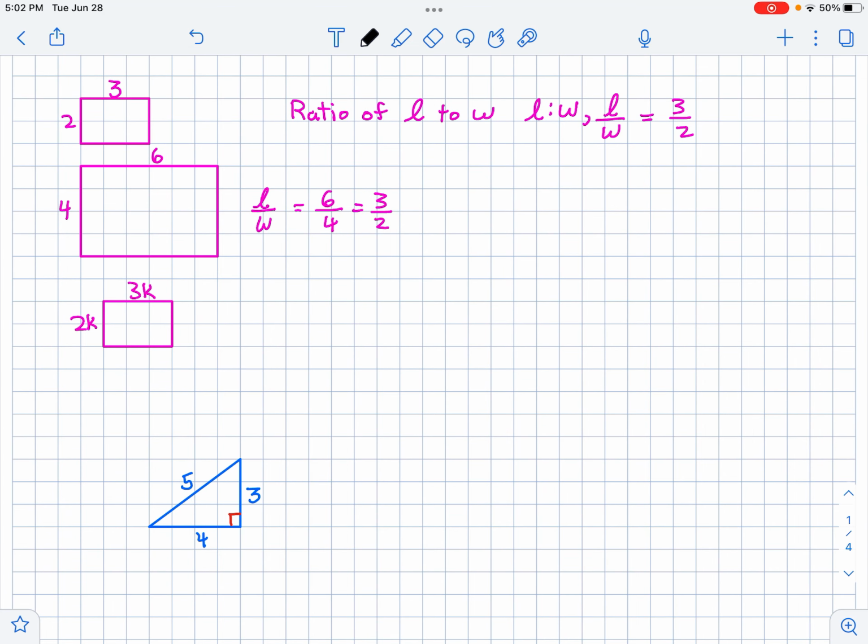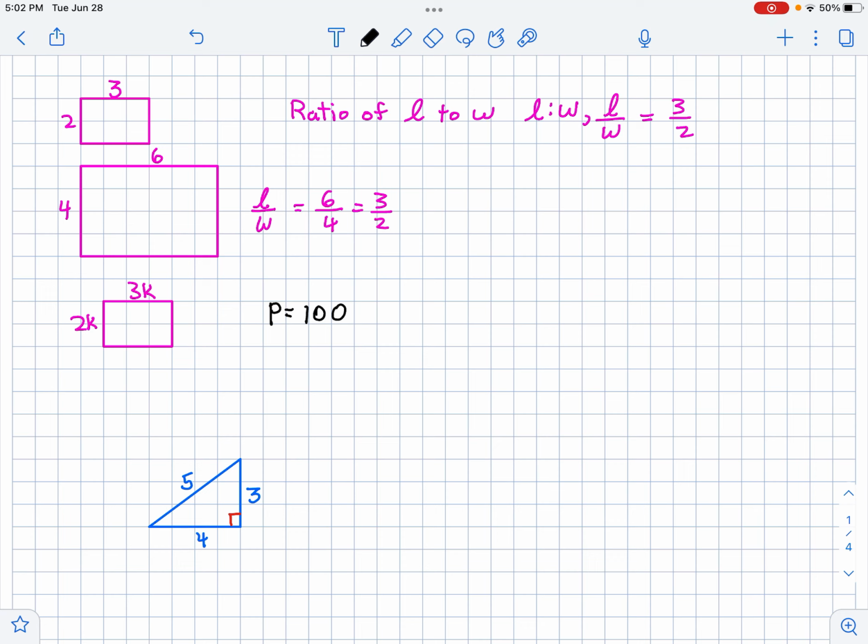Now, let's see how we could use this. Let's suppose that we know the ratio of length to width is 3 over 2, and that we have a perimeter of 100. We want to find out, what is the length and width? How would we find that?